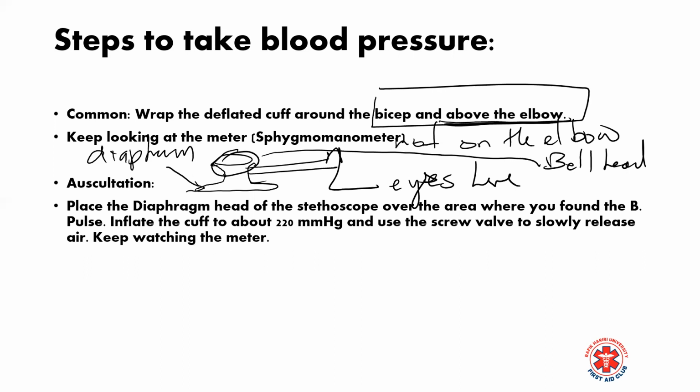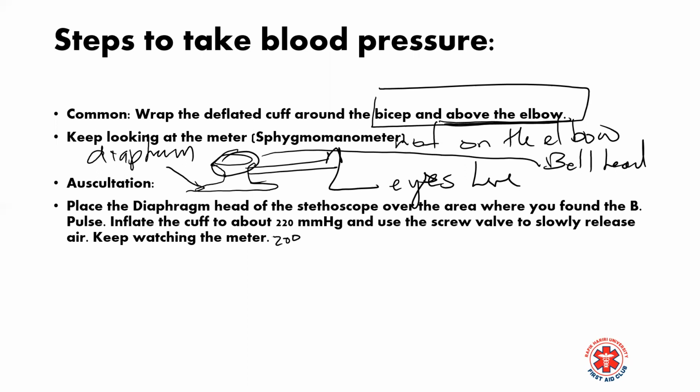So I'm going to place the diaphragm head, which is the larger head of the stethoscope, over the area where I find the brachial pulse. I'm going to inflate the cuff to about 220 millimeters of mercury. It can be 220, 200 even. And use the screw valve to slowly release the air.